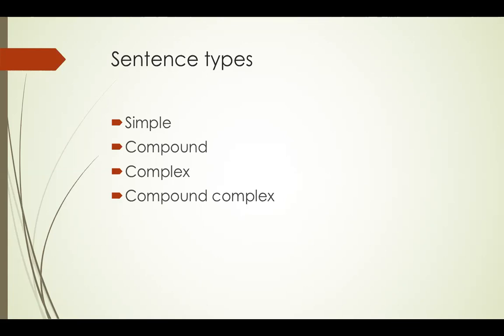These are not laws, these are not basic rules, but because English basically depends on subordinating, you should use more complex sentences than simple and compound. But again, it depends on why you're writing, what text you're writing, who you are writing for.